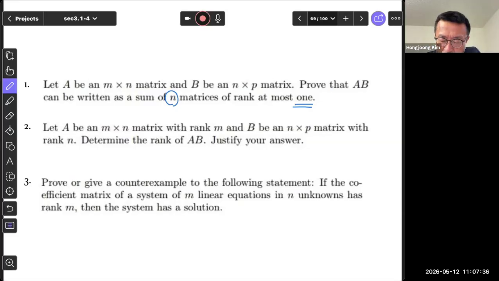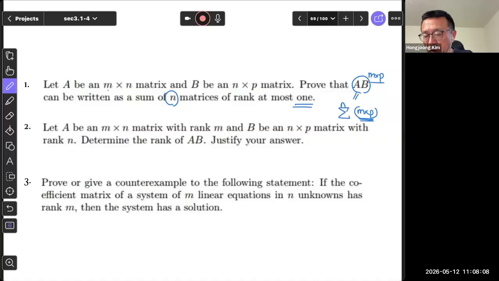So here, if A is m by n, and if B is n by p, then A times B will be an m by p matrix, right? And I want to write this as the sum of n m by p matrices, and each m by p matrix in this summation has rank 0 or 1.